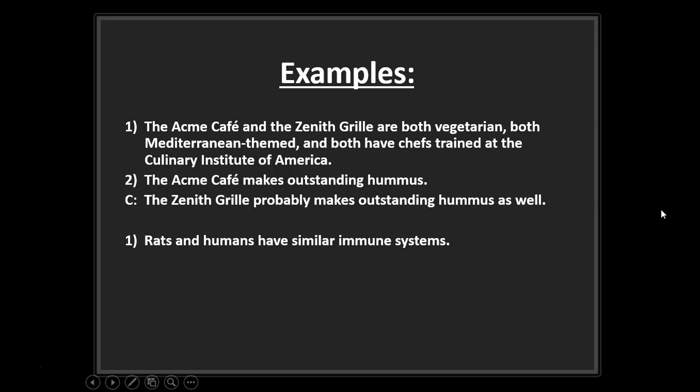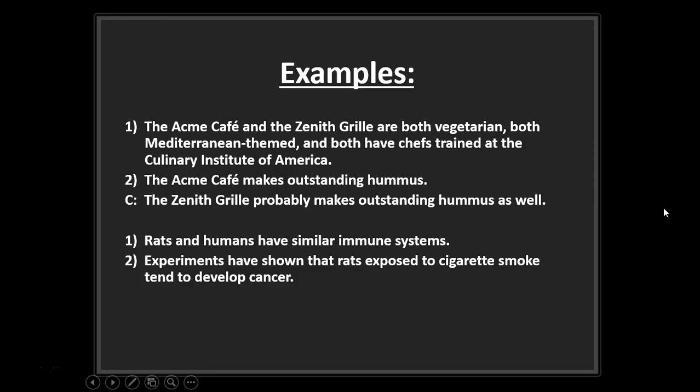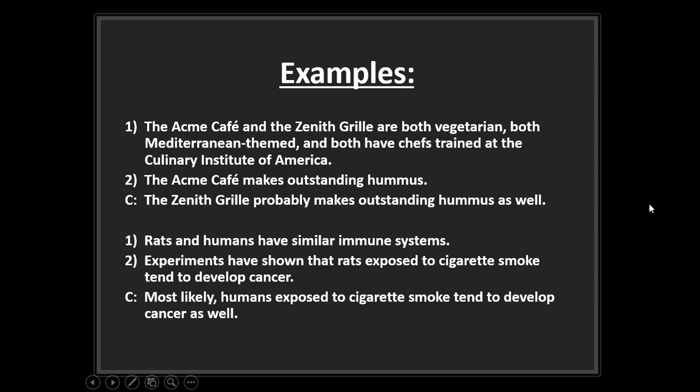Next. Rats and humans have similar immune systems, and experiments have shown that rats exposed to cigarette smoke tend to develop cancer. So considering the similarity of immune systems between rats and humans, most likely humans exposed to cigarette smoke tend to develop cancer as well. So for instance, all animal experimentation in science is analogical experiments, right?